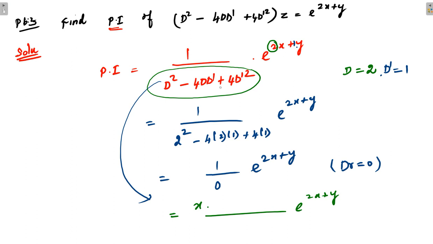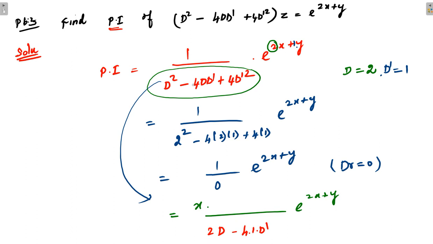If you differentiate this term with respect to D, you get 2D minus 4 into 1 into D dash, but the third term has no D. D and D dash are different, not the same. So when you differentiate with respect to D, you have to keep D as the variable and D dash as a constant. If you differentiate D square, like x square, you get 2x, that means 2D.